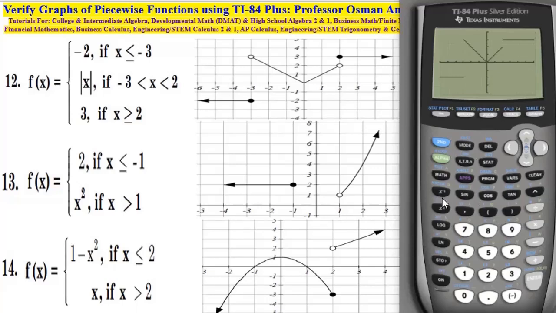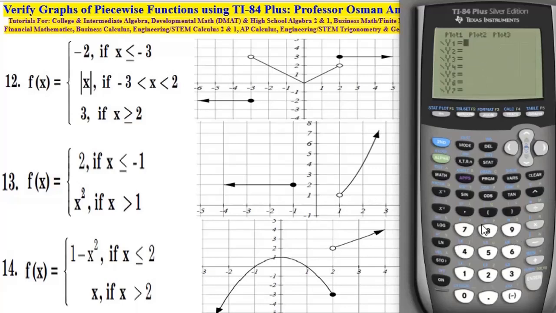So the next one is a piecewise function. F of x is a constant 2 if x is less or equal to minus 1, and it is a parabola x squared when x is greater or equal to 1. So there is a hole here, that means 1 is not included in this part of the function.